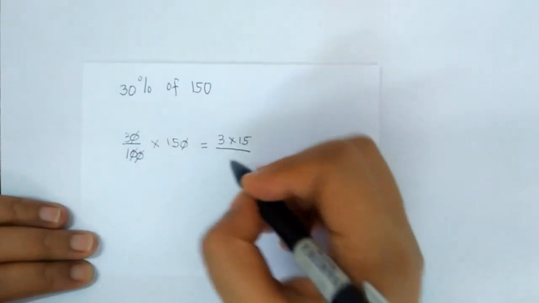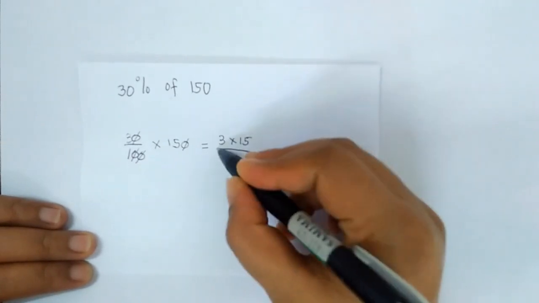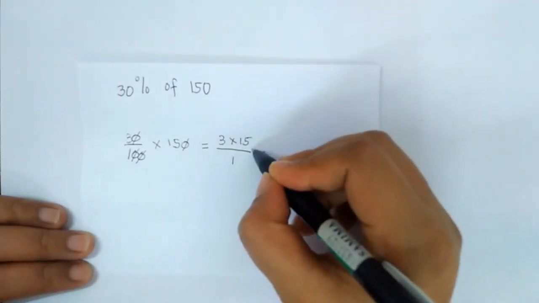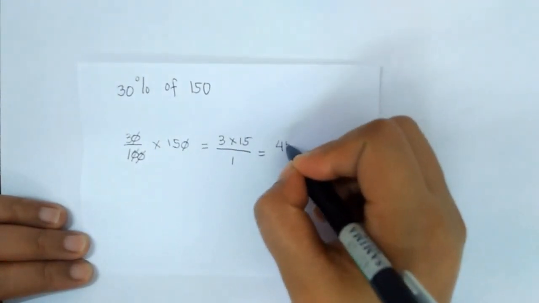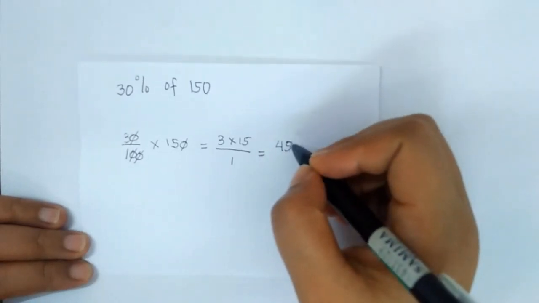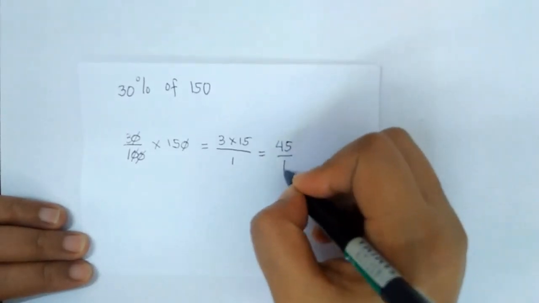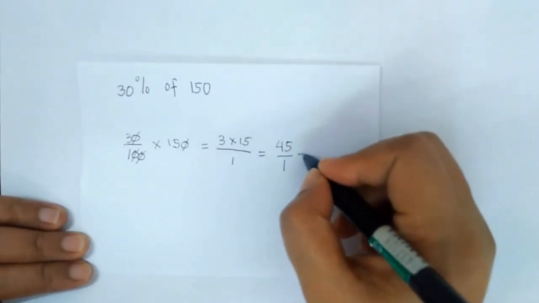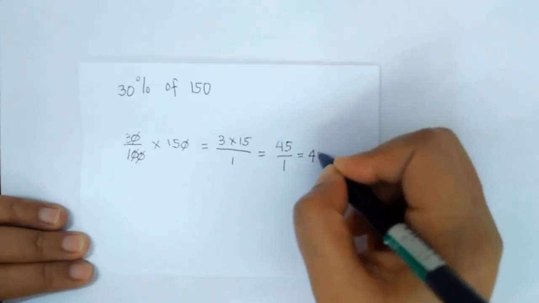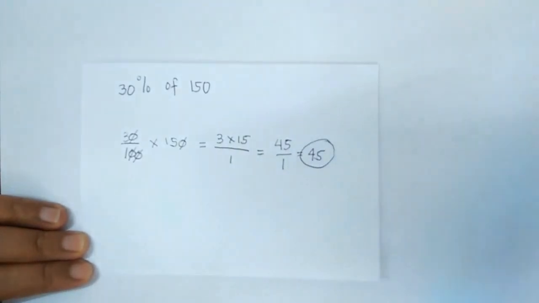Denominator is 1. So 3 times 15, 45 over 1. 45 over 1 is simply 45. So 30% of 150 is 45.